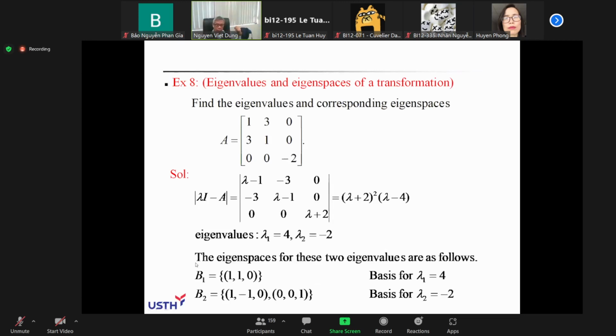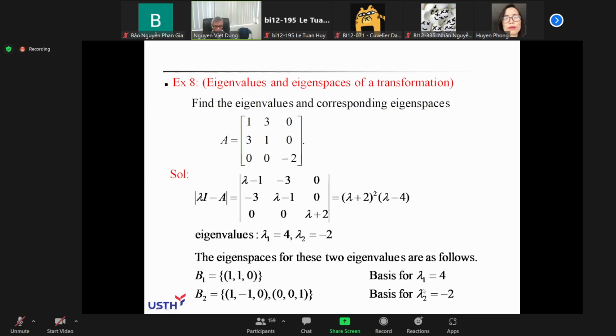And I skip the calculation to find the basis for the eigenspace. I say that for lambda 1 equals 4, we have a basis of the eigenspace consisting of only one vector.